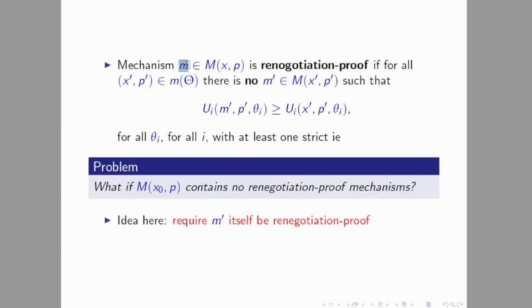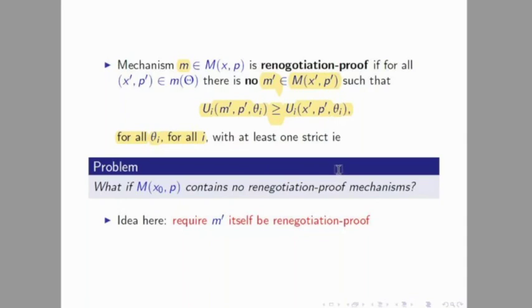So think about a mechanism that is incentive feasible in context X, P. It is renegotiation proof if for all possible output messages of the mechanism, X prime, P prime, there is no other mechanism M prime that is incentive feasible given the context X prime, P prime, such that for all agents' types, the new mechanism M prime is at least as good as the recommended outcome X prime for all the agents, and strictly better for at least one agent.